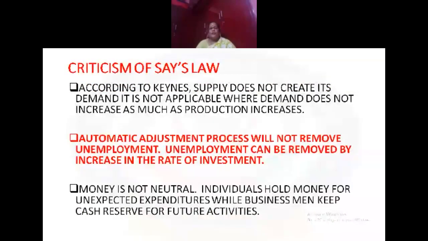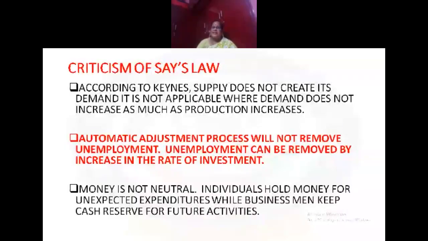As he was giving his assumptions and implications, there were certain people who were criticizing Say's law. Let us see the criticism given by others for Say's law. The following are the criticisms against Say's law. According to Keynes, supply does not create its own demand.